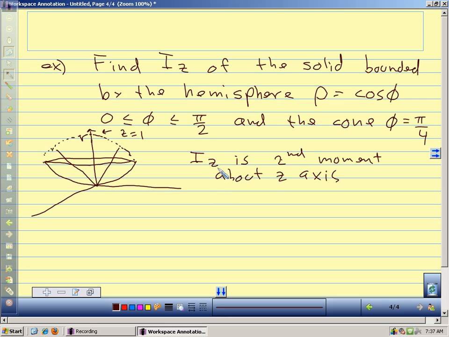We're weighting our mass by the square of the distance from the z-axis. So we need the distance of our mass unit from the z-axis, and we need to figure that out in spherical coordinates. How are we going to represent that in spherical coordinates?